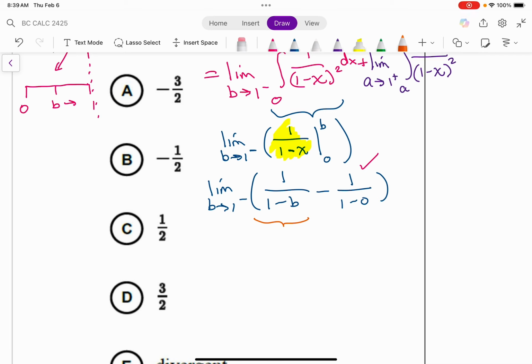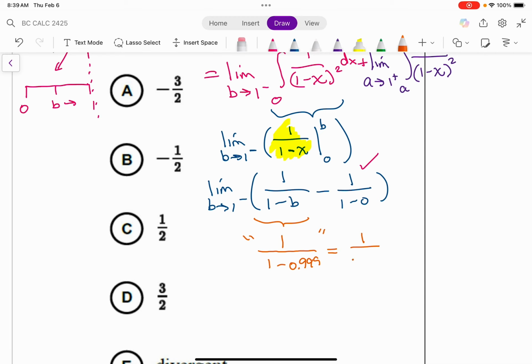Okay, so as b goes to 1 from the left, you can think numerically: what kind of number are we getting here? Well, pick a number really close to 1 on the left. How about 0.999? So that's 1 divided by a really tiny number.